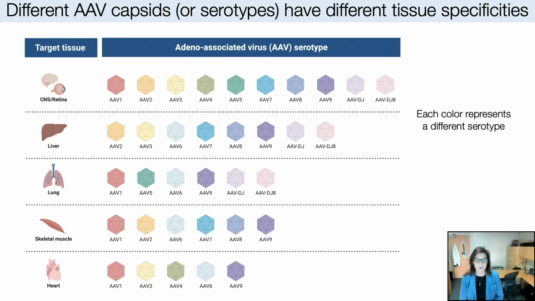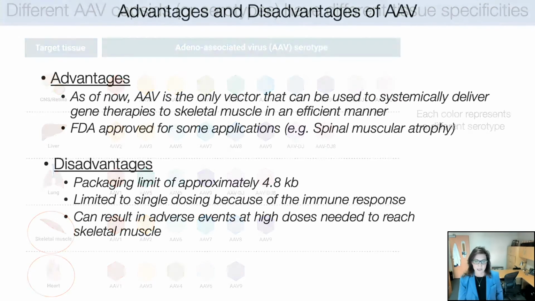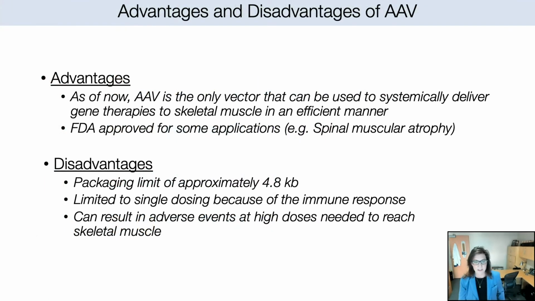What I'm showing you here, represented by different colors, are different capsids, or different serotypes. That's how they're referred to. For skeletal muscle, for muscular dystrophy, we want to target both the heart and skeletal muscle. Next slide. And currently, many trials are using AAV9 or rh74 for Duchenne muscular dystrophy.